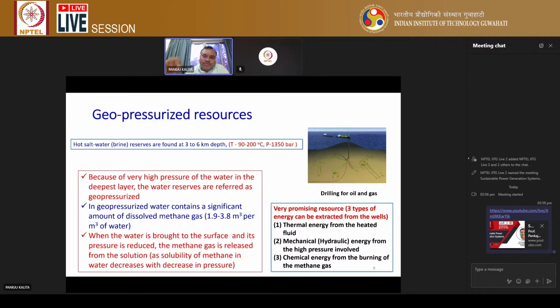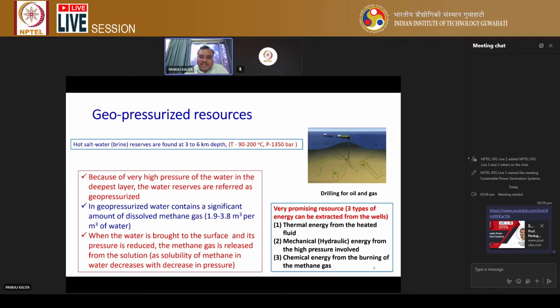As you know, when we are taking the gas from the underground reservoir, these are stored at very high pressure. When we drill it, the gases with all those petroleum products come up at a very high speed, because these are stored at very high pressure.